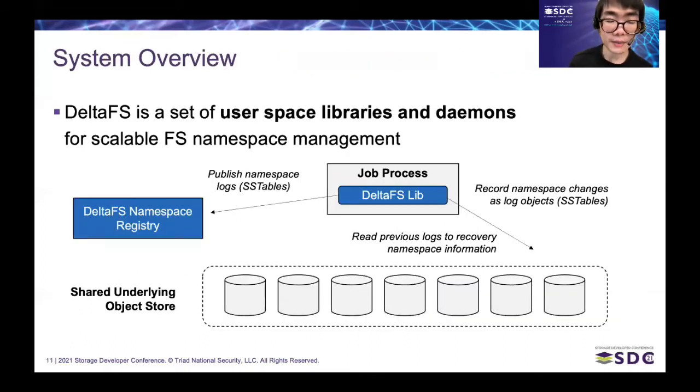So here is an overview of DeltaFS. Imagine we have compute nodes and a shared underlying object storage. Jobs run on compute nodes, and DeltaFS is library code that runs inside each job process. There is no dedicated metadata server in DeltaFS. File system namespace operations are directly handled as log read and write operations.